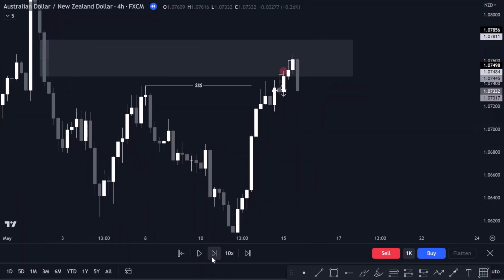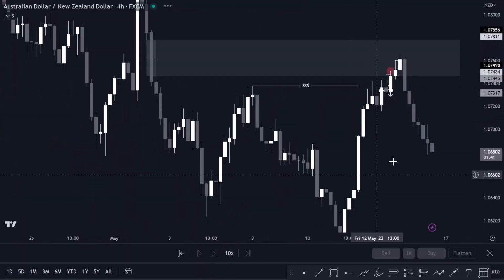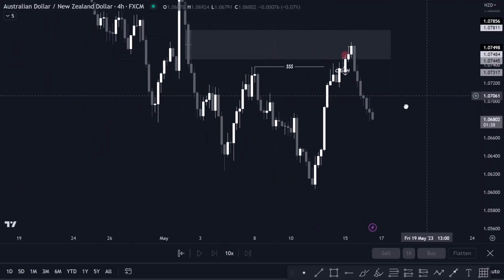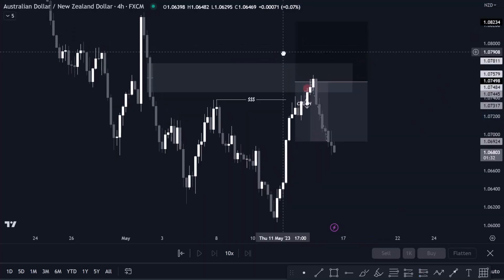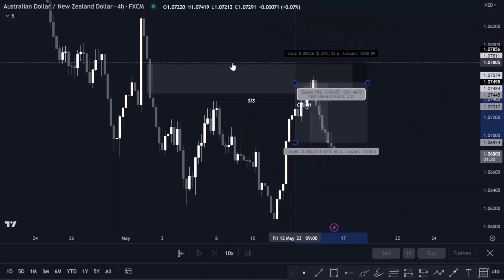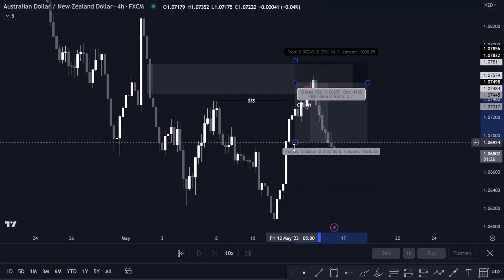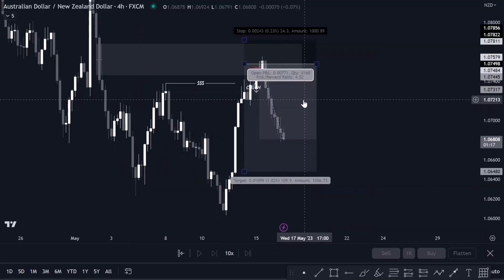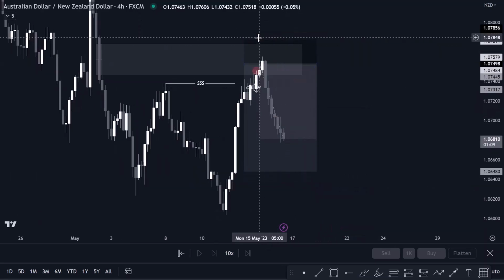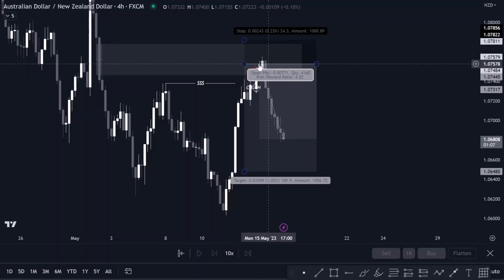Now, if I go into the 4-hour, you'll see how price starts going down from here. So if I just entered from somewhere in here, and then always have my stop loss above the point of interest, let's say here, and then target maybe somewhere in here, that's 4-1, and you're chilling. So basically that's it. Have your stop loss above the point of interest, you're chilling, you're gonna be in profit.